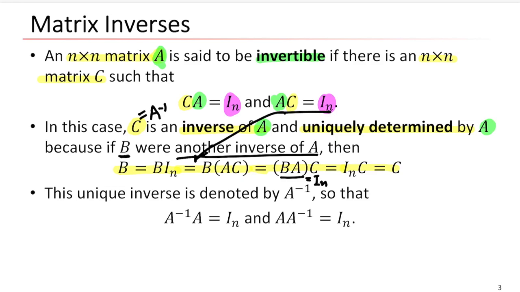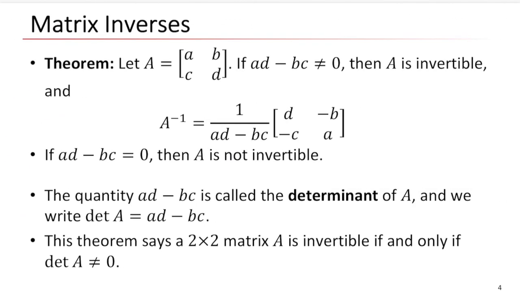Then finally it will be C. So from this equation we can say that B is equal to C. So it means that there is a unique inverse of the matrix A. This unique inverse is denoted as A inverse, so we can represent A inverse times A is equal to the identity matrix, and A times A inverse is also the identity matrix. So this is the definition of the inverse of the matrix A.